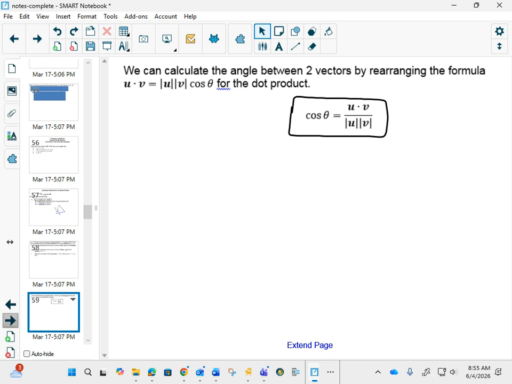If we take that formula for the dot product and rearrange it, we can get cos theta by itself. And we can do some very powerful math. So historically what happens is people start playing around with this idea of vectors, they do some new math, like the dot product itself is really easy math to do.